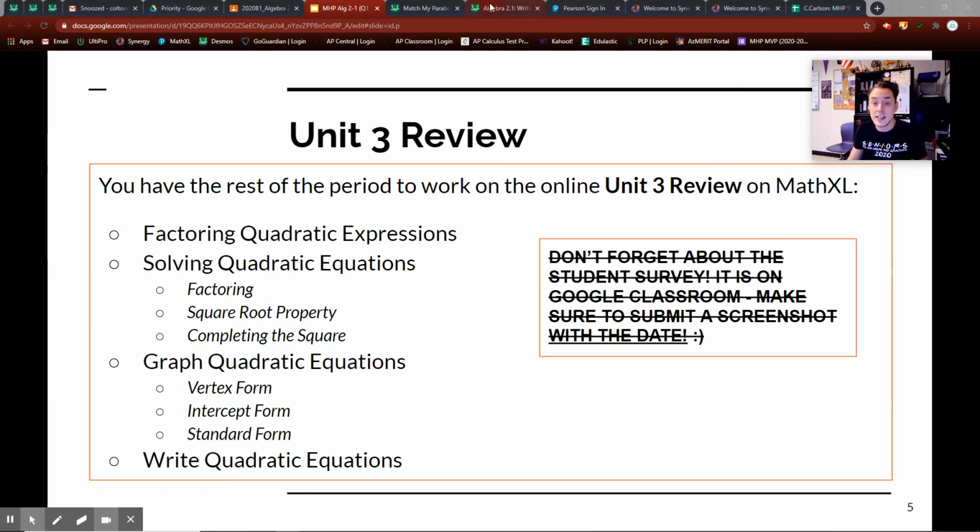This is a great Desmos activity right here to match my parabola to really strengthen what vertex form is, your intercept form, your standard form, all of that fun jazz. It's really helpful. Okay, and then write your quadratic equations, just using that Desmos link and then using your vertex form in relation to the standard form.